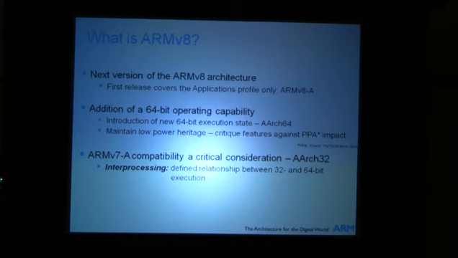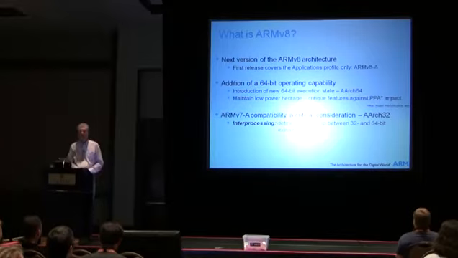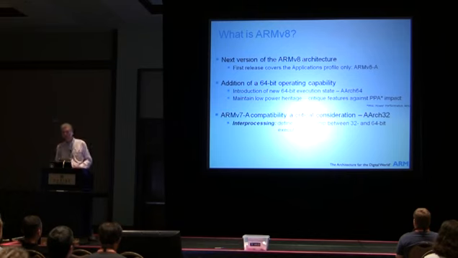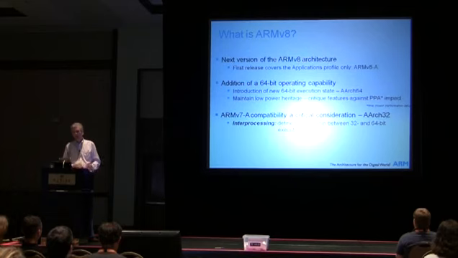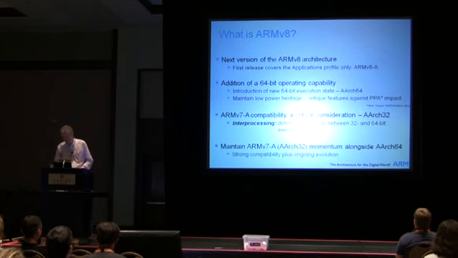So our current 32-bit architecture we're referring to as AArch32, and the term we use for the transition between the two and the relationship between the two is interprocessing, and we've chosen that word carefully, because those of you familiar with the existing ARM architecture know we have interworking between two instruction sets within the 32-bit. This is interprocessing, and it's the moving between our 32-bit and 64-bit architecture and how they coexist. I've got a little bit more on that as well.